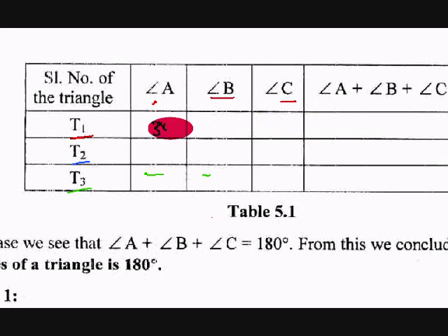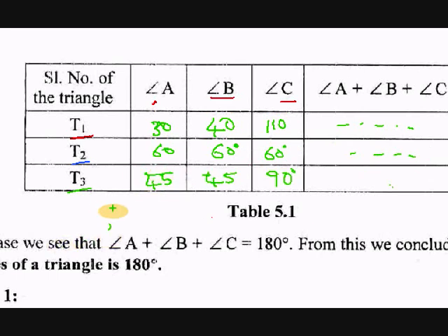If it is, say, 30, 40, 110, then you have to add up all these angles. Or if it is going to be 60, I am just putting an example. Sum up and see what you come across. You will see that when you sum all these angles, you always get 180 degrees.